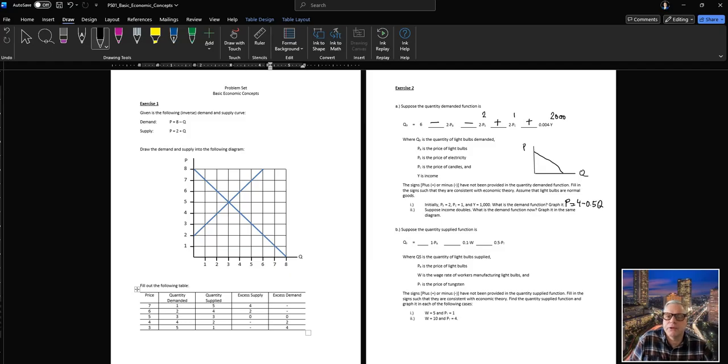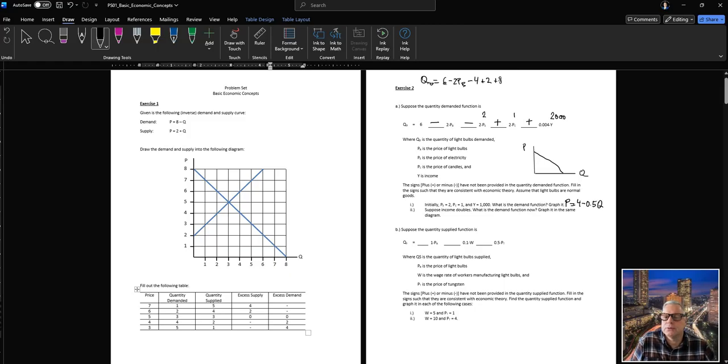So now our demand function is Q equals 6, that still stays the same, minus 2 times PB, minus 2 times 2, so that still stays the same, plus 2 times 1, that hasn't changed. But now we have to add 8, because 0.004 times 2,000 is 8.